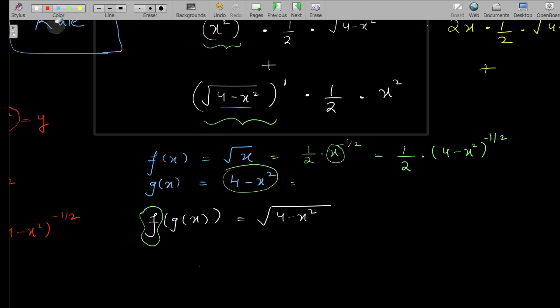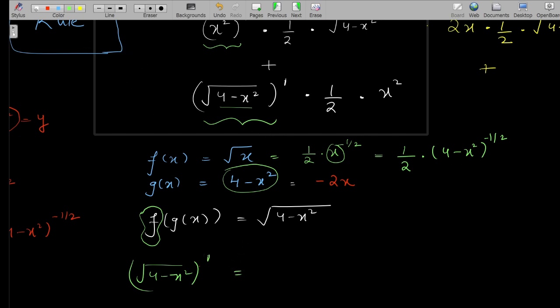Derivative of 4 minus x square will be minus 2x. Yes. So the derivative of 4 minus x square will be minus 2x.